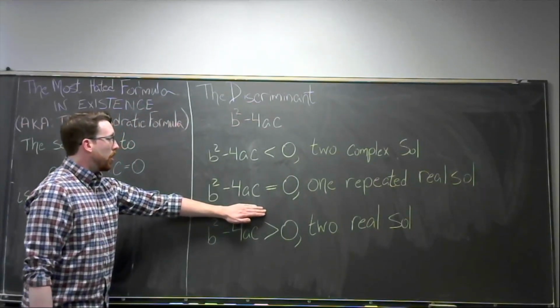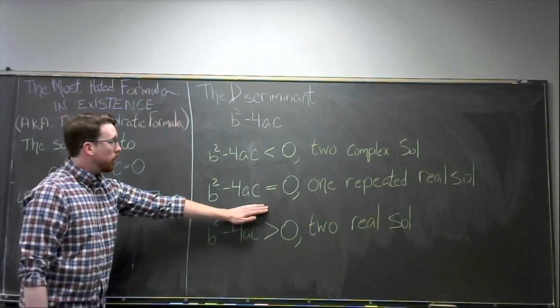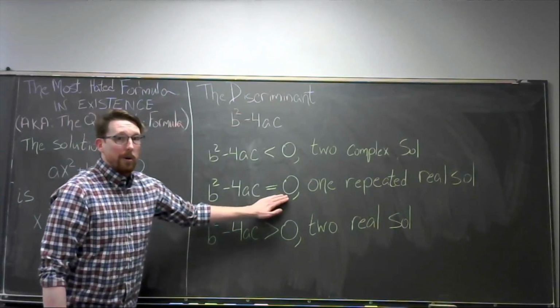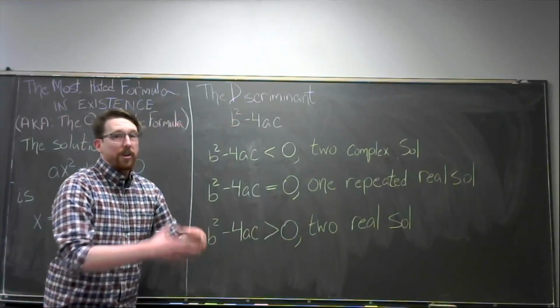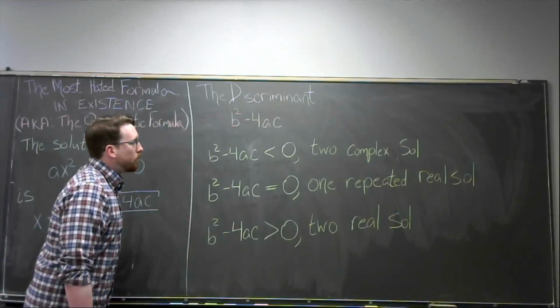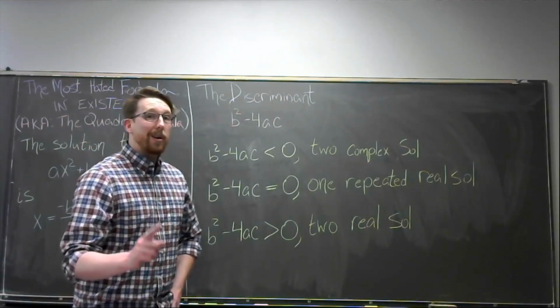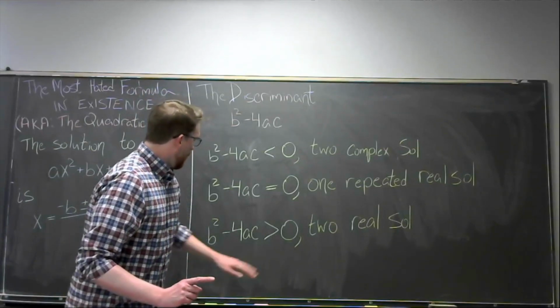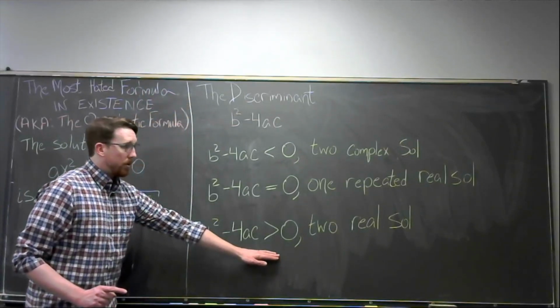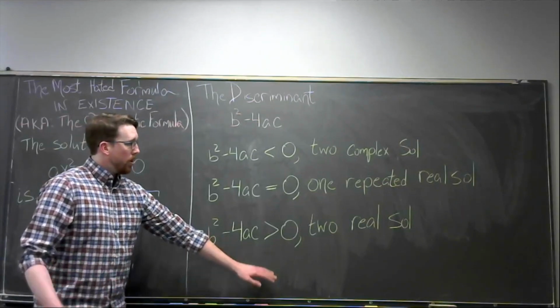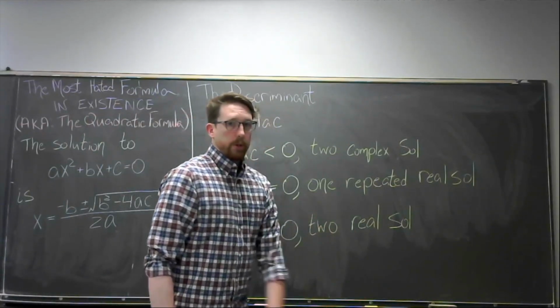If the discriminant is equal to 0, then we have one repeated real solution. And if the discriminant is greater than 0, we're going to have two different real solutions.